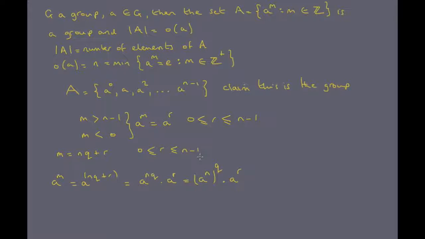Now a to the n is the order of little a, and so a to the n is the identity, and the identity raised to the power of q is still the identity. So what we have shown is that indeed a to the m does equal a to the r for r in the required range, greater than or equal to 0, less than or equal to n minus 1.